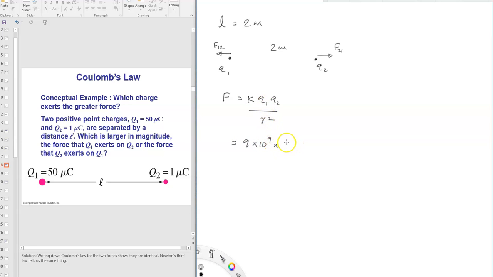Charge 1, 50 microcoulombs, 10 to the negative 6. Charge 2, 1 microcoulomb, so that's 10 to the negative 6. This 10 to the negative 6 is for micro. Divide by distance squared, so 2 squared. Now you take the calculator, plug in the numbers, do the math, see what it is.